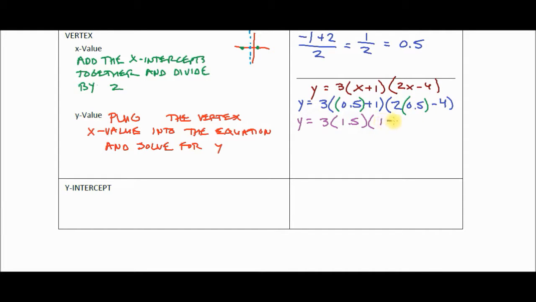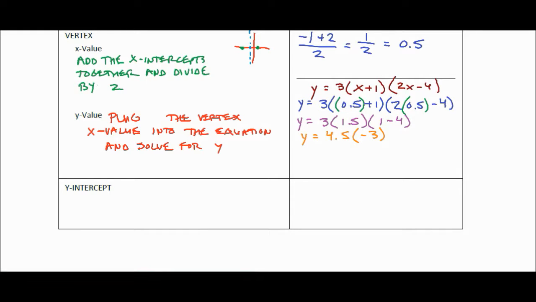So we've got 1 minus 4. Now y is equal to 3 times 1.5, which is actually 4.5. And we've got 1 minus 4 is negative 3.